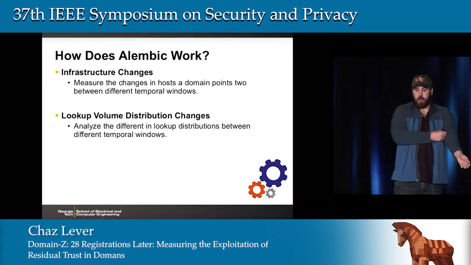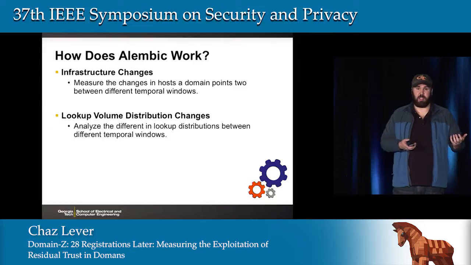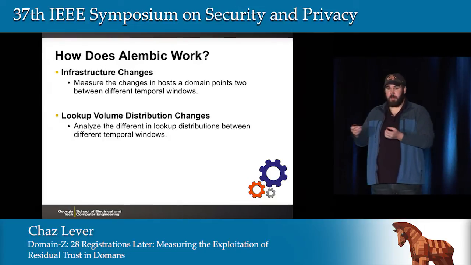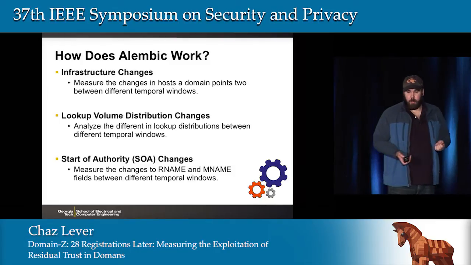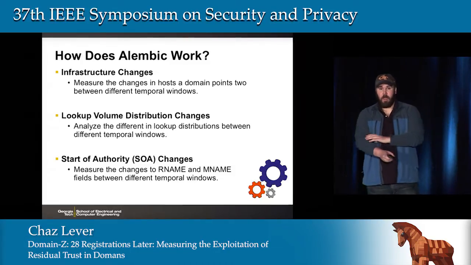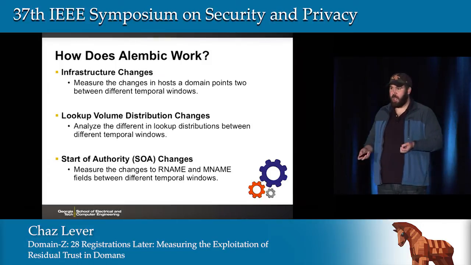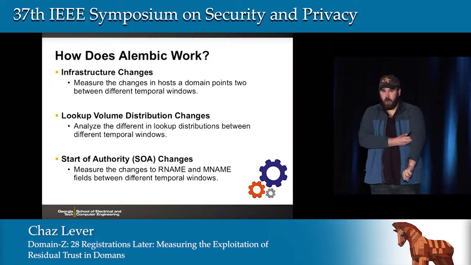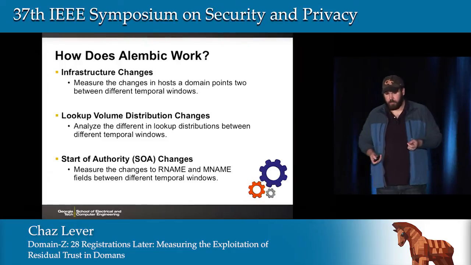That's why we also look for things like lookup volume distribution changes, which might indicate that the service associated with that domain has changed over time, or something has changed about the domain, maybe indicating an ownership change. And then lastly, we look at start of authority records. These are particularly interesting because these are records that don't often change. So when you see a change to a start of authority record, this often is a very good, strong indicator that a change of ownership has actually occurred.